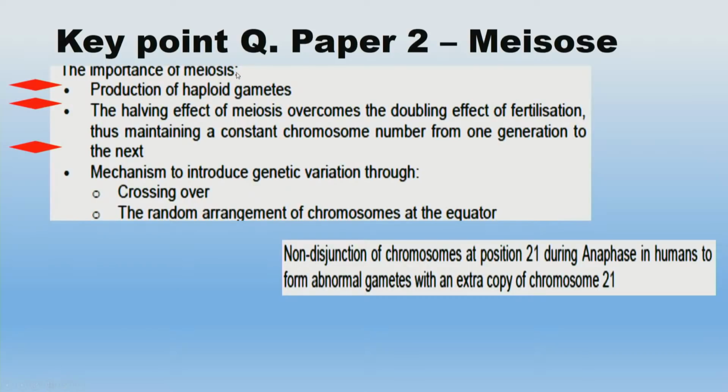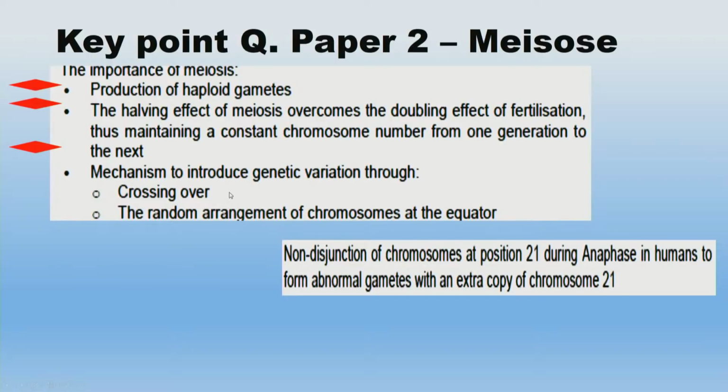Remember now, it's different from the importance of DNA replication, and this is straight from the exam guidelines, so they can learn it in the exam guidelines. And then another one, in the 2021 new exam guidelines, they stipulated it very clearly there, and the mechanism to introduce genetic variation is through crossing over and random arrangement, and then maybe you have to explain it.